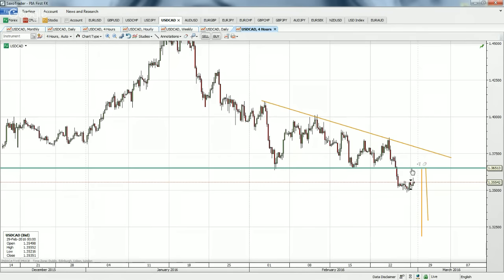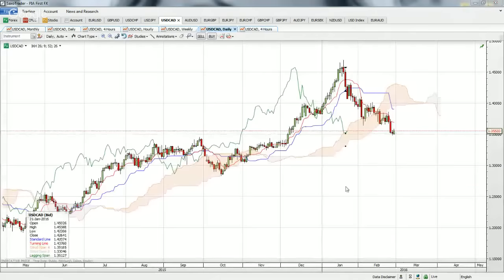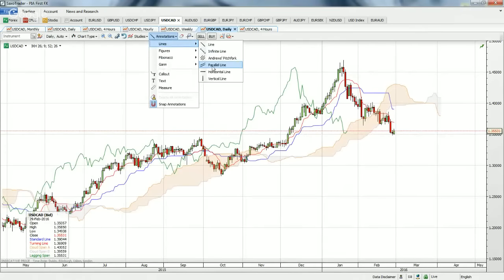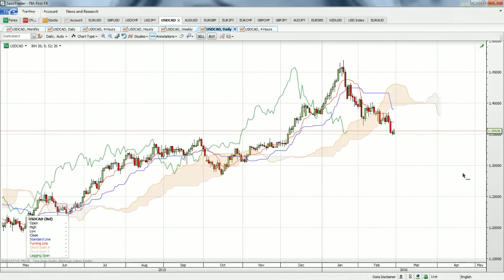Now, over the long term, we have no support until 129.66. So if we go back to this chart here, let me put that level on, 129.66, around about here.